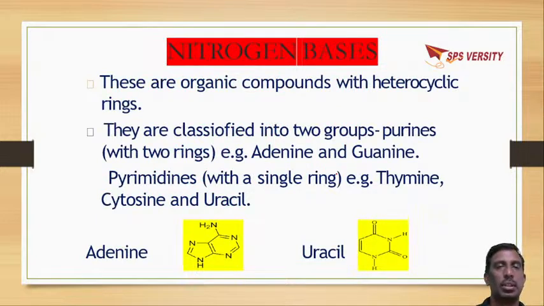Next, the macromolecule is nitrogen bases. Okay. So these are organic compounds with heterocyclic rings. Hetero means different.